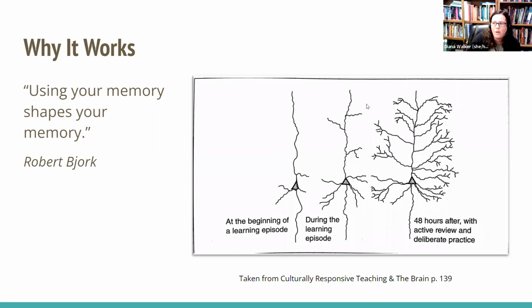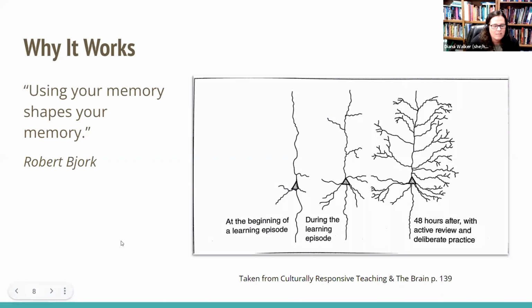They get that primary memory. What happens though is within 48 hours, if there's active review or some deliberate practice, that level of learning deepens. The connections between the learning are greater. Okay? So that act of practicing or that act of retrieving solidifies the learning. It makes it stronger in our long-term memory, and it eases the access of retrieval.